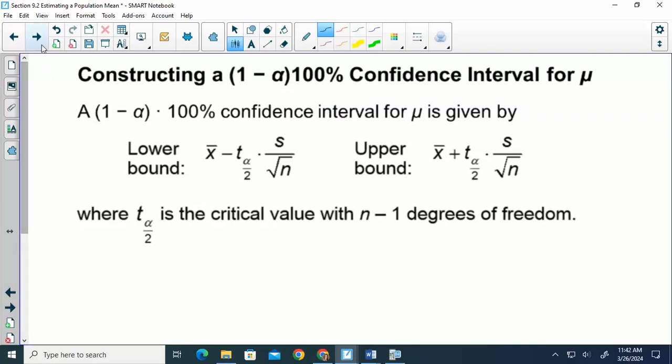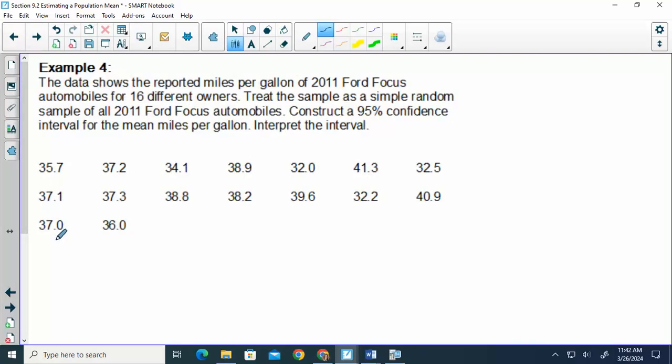So let's try setting one up. This data shows reported miles per gallon of 2011 Ford Focus automobiles for 16 different owners. Treat the sample as a simple random sample of all 2011 Ford Focus automobiles. Construct a 95% confidence interval for the mean miles per gallon.